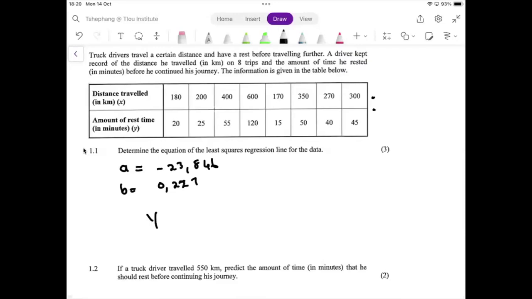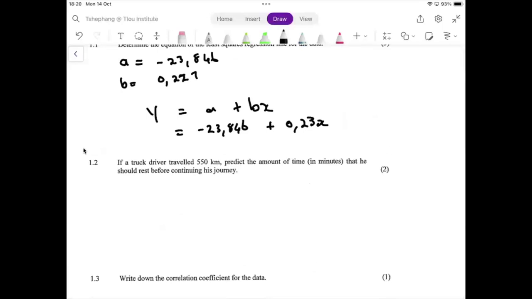This means that my equation will be A plus BX, which is negative 23,846 plus 0,23 with an X. Hope we're all together there.